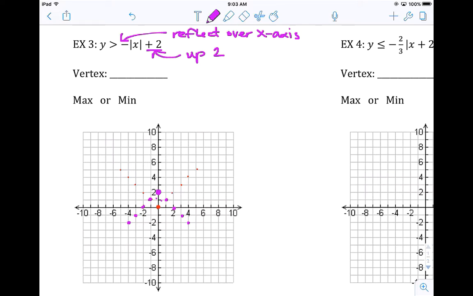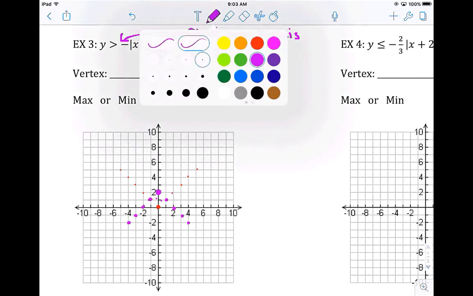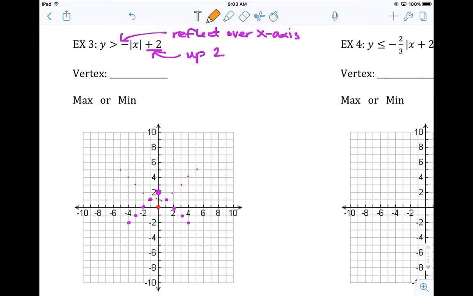All right, so for what kind of line we're going to draw, we do not have an equal to bar, so that tells us we have a dashed line here. So we're just going to kind of play connect the dots there, leave some breaks. And then our last step, we need to shade.